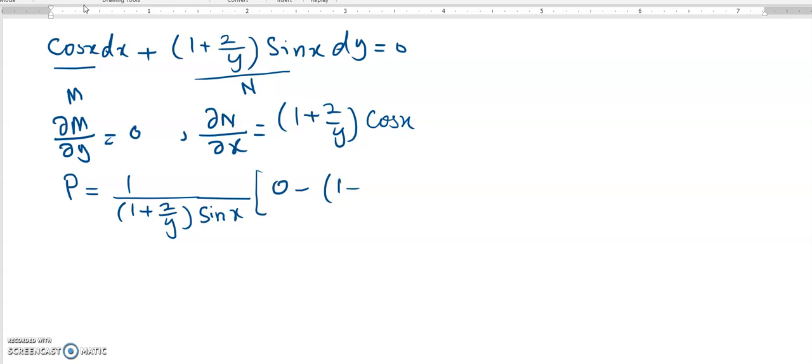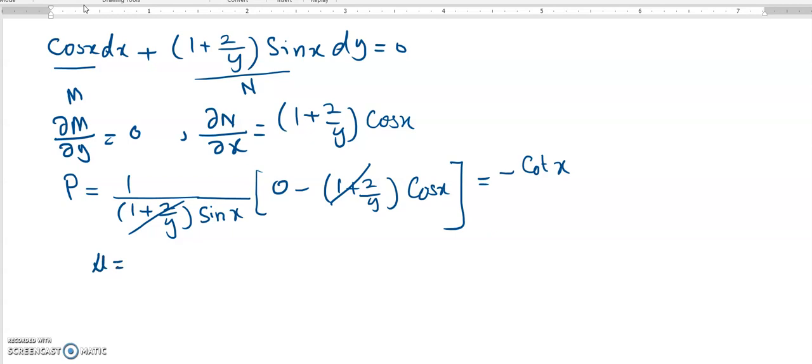Since 1 plus 2 over y cancels, we get minus cosine x over sine x, that is minus cotangent of x. From this we find the integrating factor mu, which is the exponent of the integral of minus cotangent x dx.